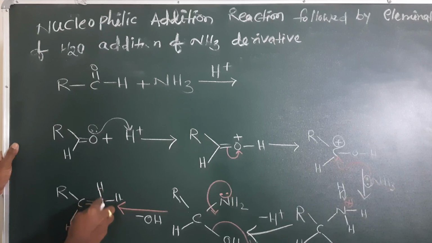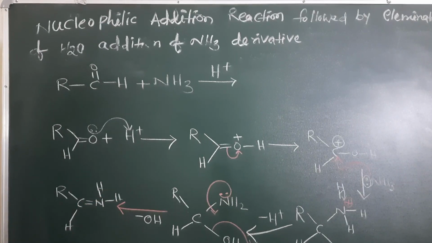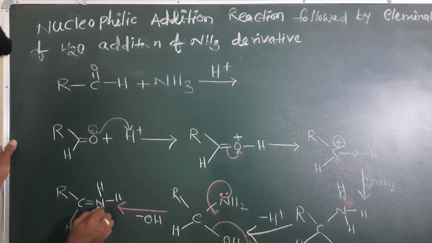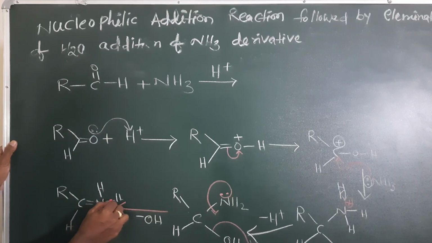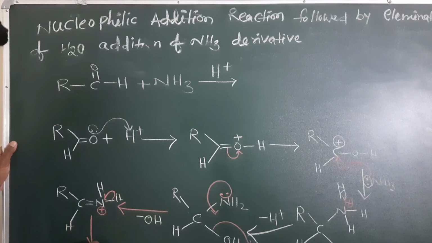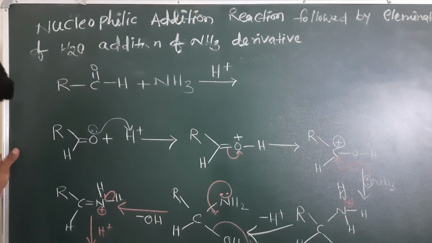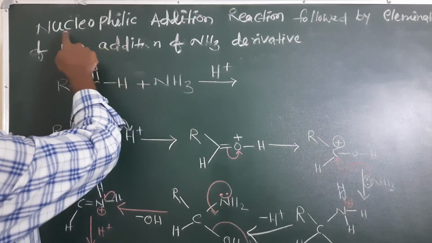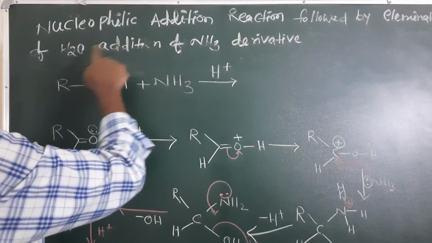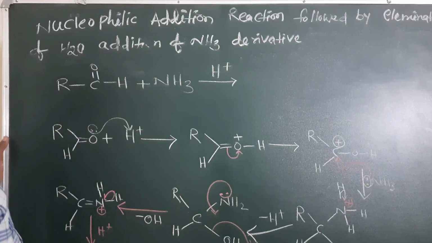Again nitrogen is going to get 4 bonds, so we have to represent it with a positive charge. Immediately this hydrogen will donate this bond pair to nitrogen and release it as H plus. This H plus and OH minus will form a water molecule. So the final product is from nucleophilic addition reaction followed by elimination of water.